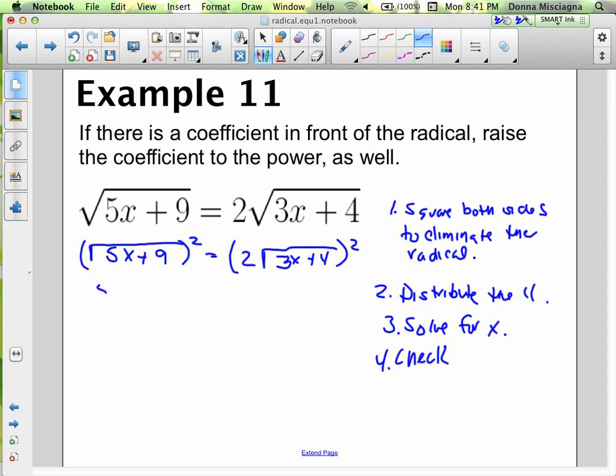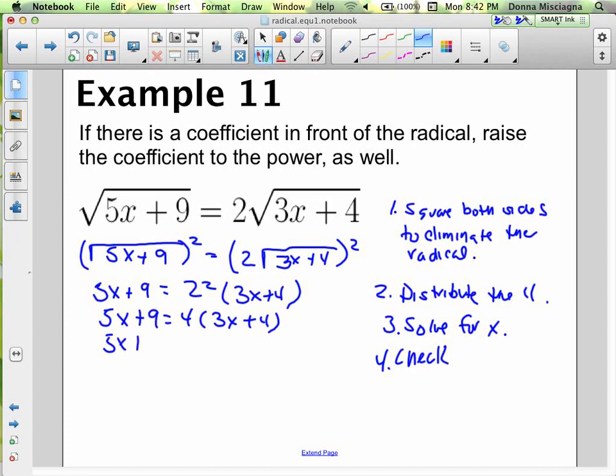Square and square root cancel, so we have 5x plus 9 equals 2 squared times 3x plus 4. Make sure you use parentheses here so you remember to distribute, because that 4 is what it's going to be as soon as we raise to the power. So we have 5x plus 9 equals 4 times 3x plus 4. We'll distribute the 4. 5x plus 9 equals 12x plus 16.